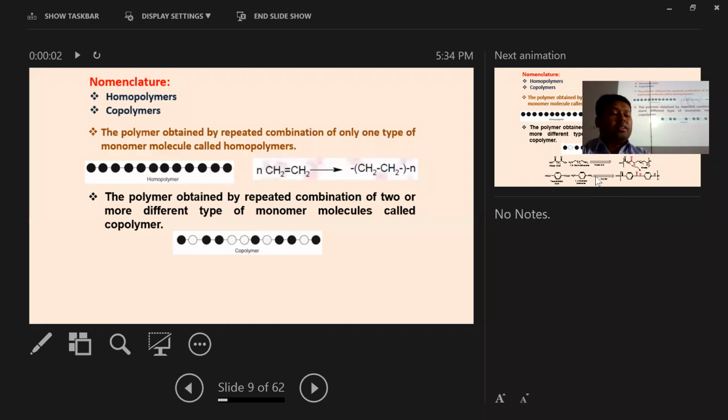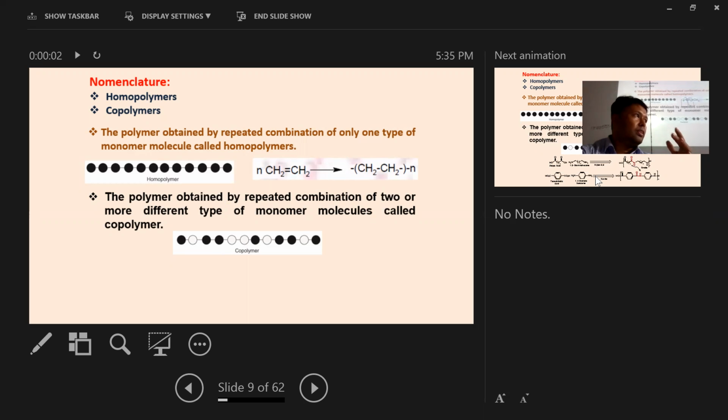Nomenclature. There are homopolymers. That means if all the repeating units are the same, then we call it homopolymers. And if the repeating units are not the same, it can be 2 or 3 different types, then we can consider that copolymers. So the polymer obtained by repeated combination of only one type of monomer is called a homopolymer.